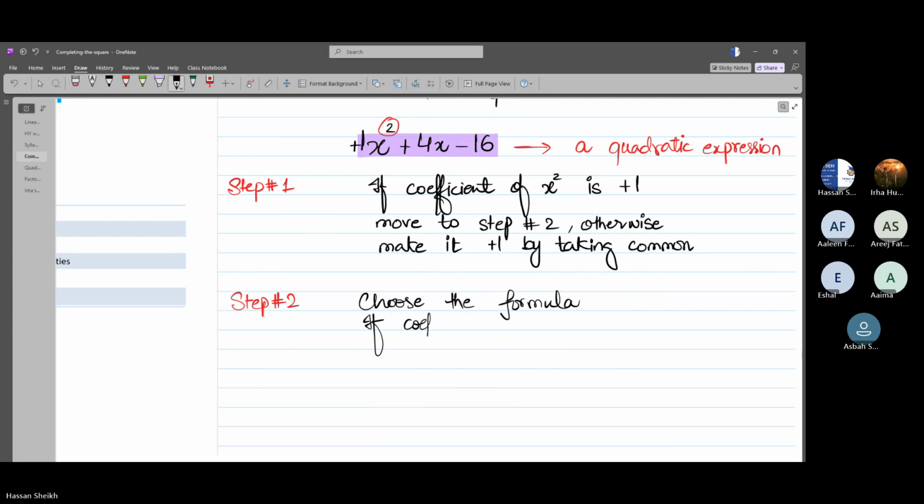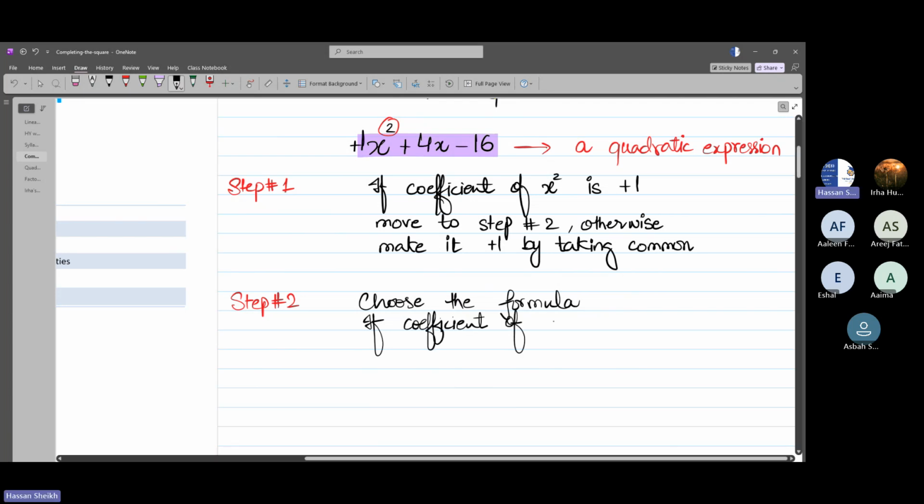If the coefficient of x is positive, and if the coefficient of x is negative.